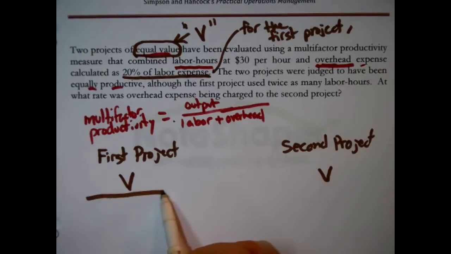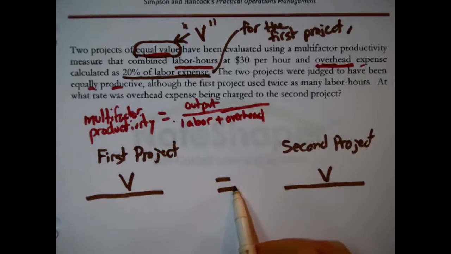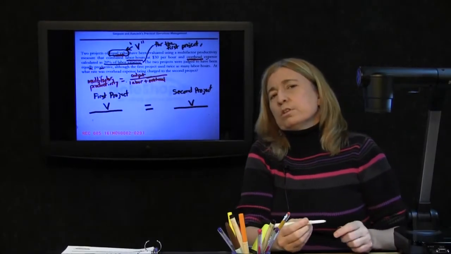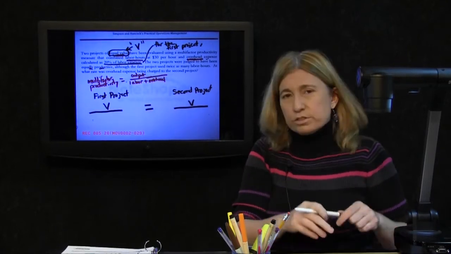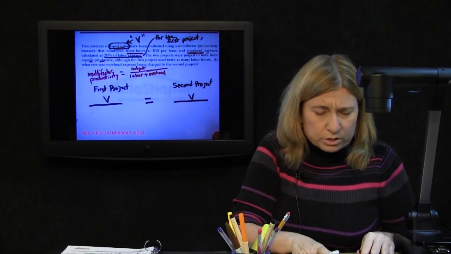What we're saying is that when you divide that by the combined labor and overhead expense in each case, the overall result on each side comes out the same, because we were told they tied in terms of multi-factor productivity. So this is really an illustration of what was described.